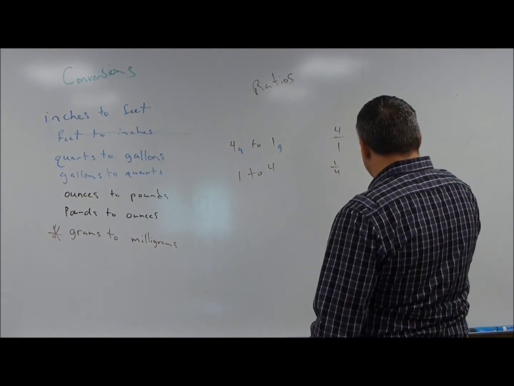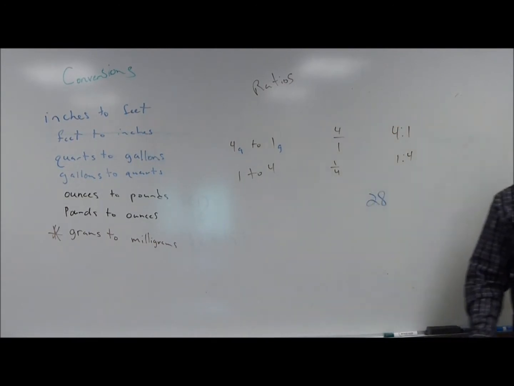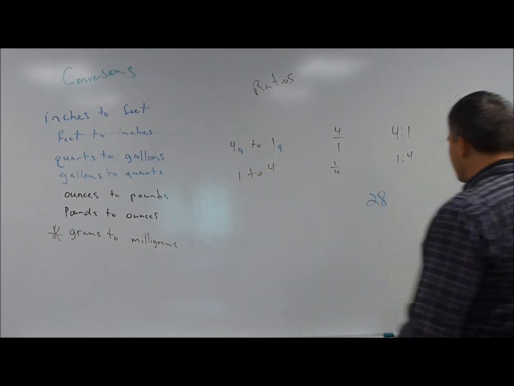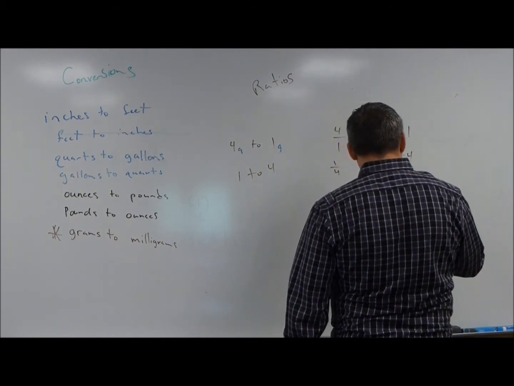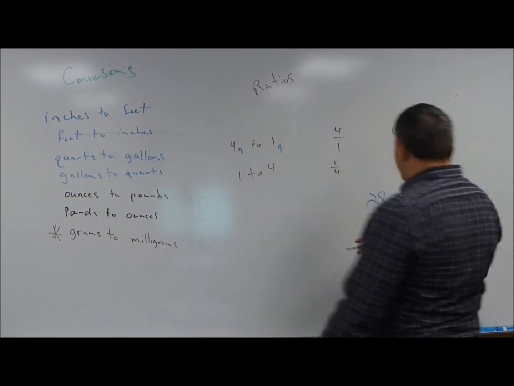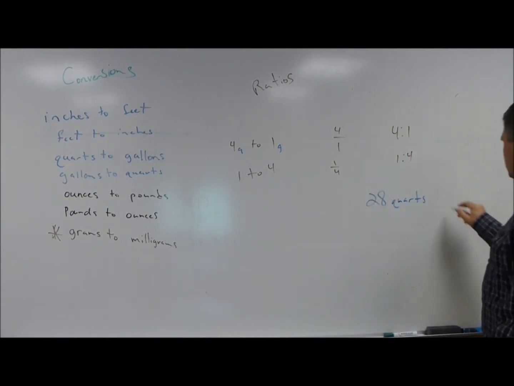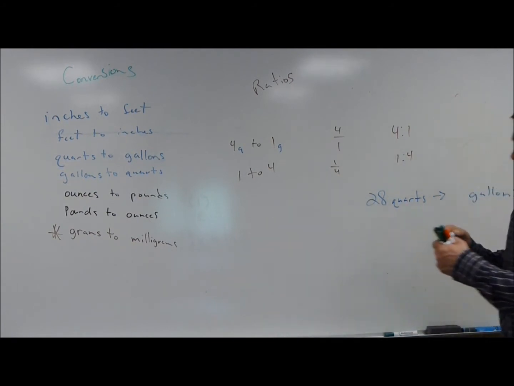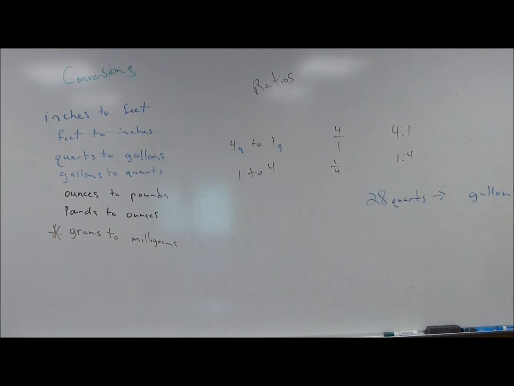We got 28. 28 what? 28 quarts or 28 gallons? 28 quarts. Okay, I got 28 quarts. How many gallons is that? So here's the ticket. 7. Or as the English say, here's the rub.